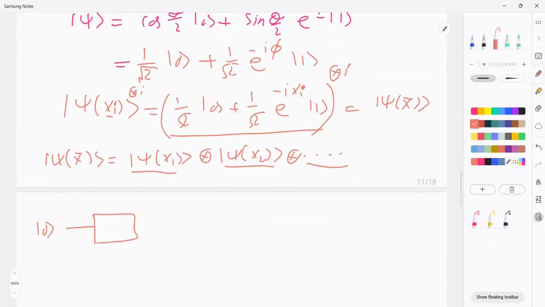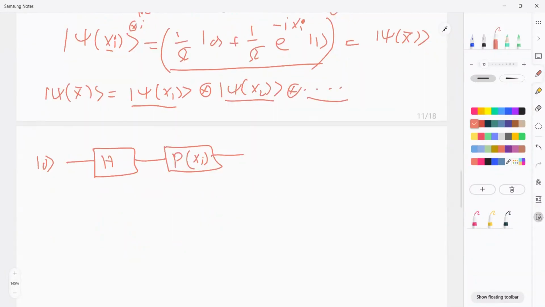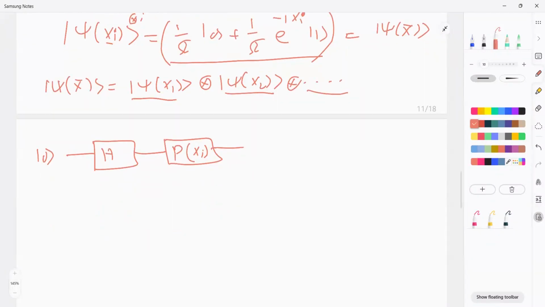If I apply a Hadamard first, and then I apply a phase gate that is dependent on this X feature, because Hadamard transforms the 0 state into 1 over square root 2, 0 plus 1, and the phase gate will add phase only to the state 1, and I can put a minus sign here, and it will not do anything to the 0 state.